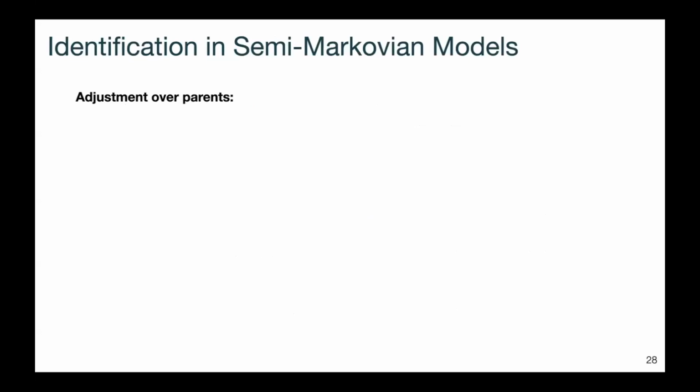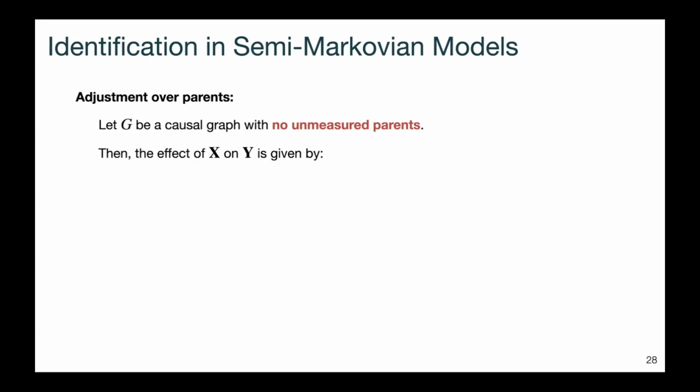So when you move to semi-Markovian models, it gets a little bit more complicated, but let's start with the simplest criterion. Assume that you have observed all variables that are causes of X. It's kind of strong, but you have this case that there are no unmeasured parents of the variable X, which is your treatment. So the effect of X on Y is going to be this formula.